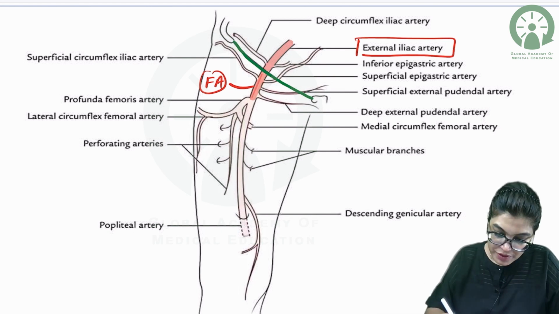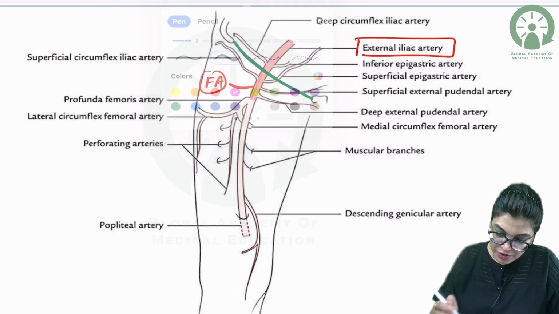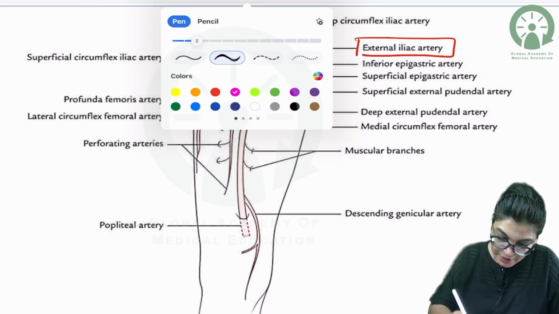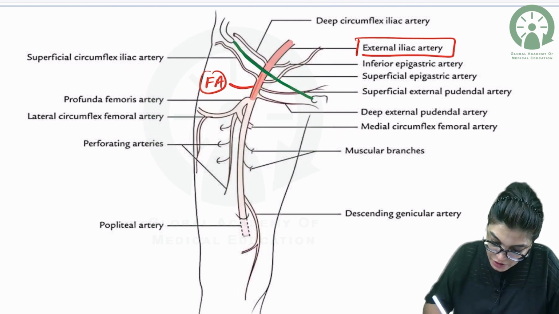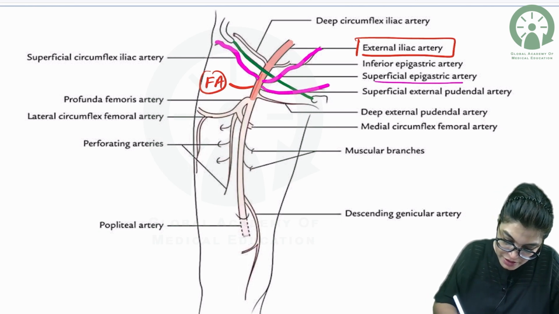The external iliac artery changes its name to femoral artery. Let me show you the 3 superficial branches: superficial epigastric, superficial external pudendal, and superficial circumflex iliac.